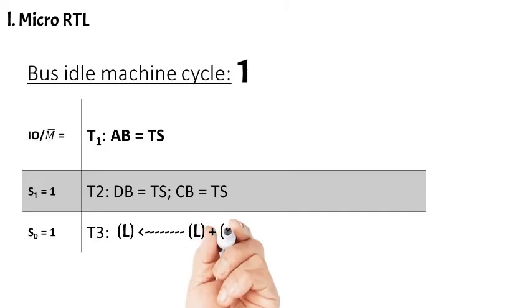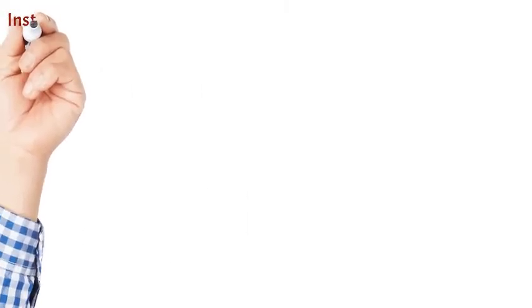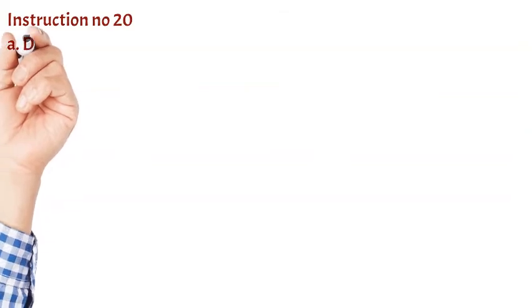The address bus, the data bus, and the control bus will be idle. In T3 state of the first machine cycle, L will be incremented and it will generate a carry. But in bus idle machine cycle 2, H will be incremented and it will be added with the carry generated by L in bus idle machine cycle 1.